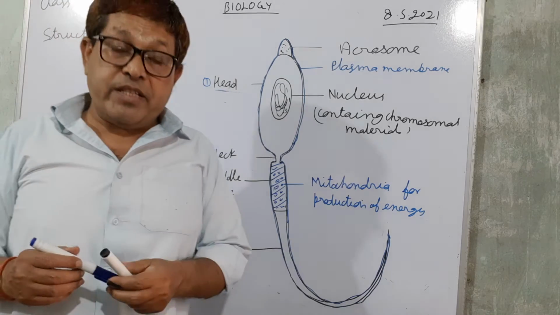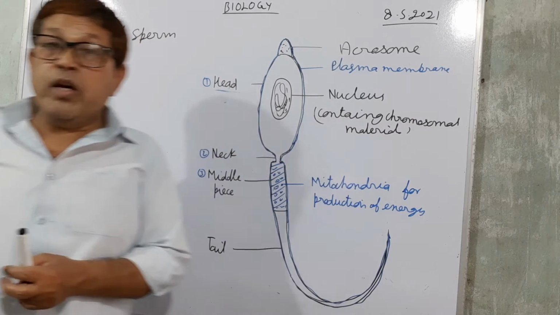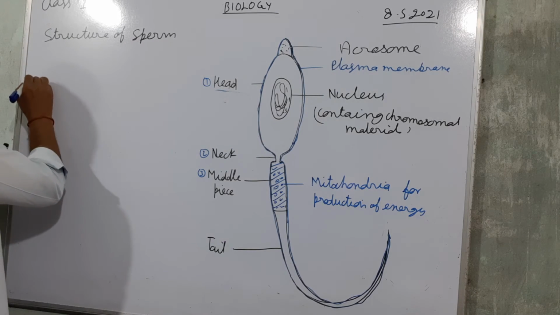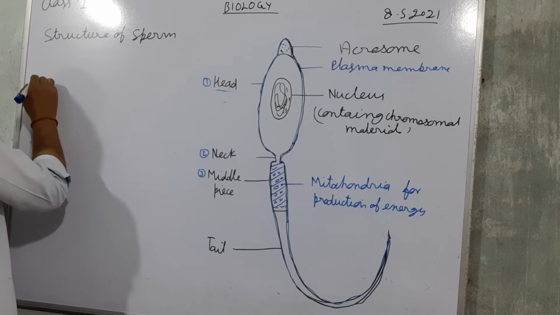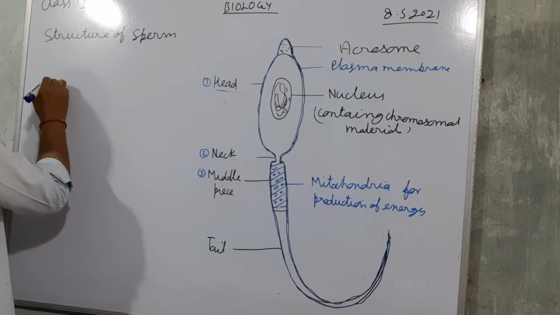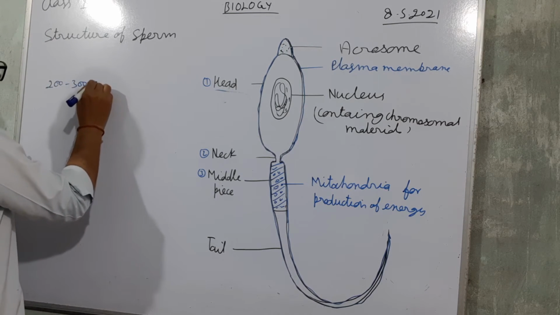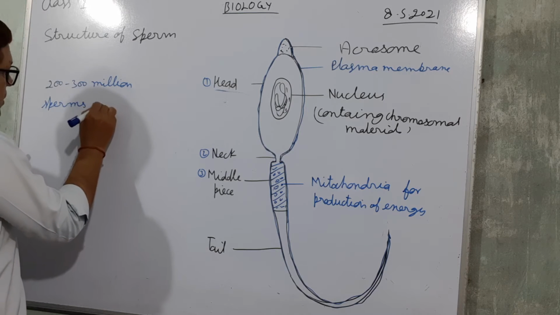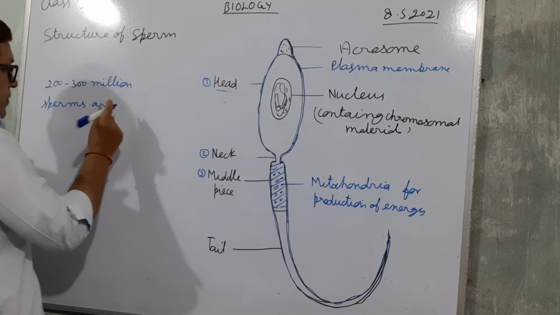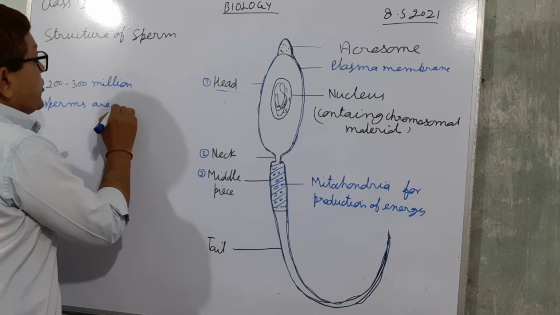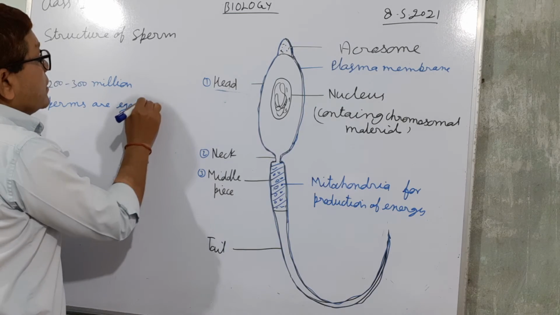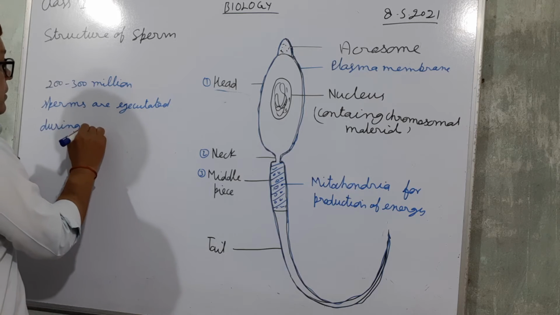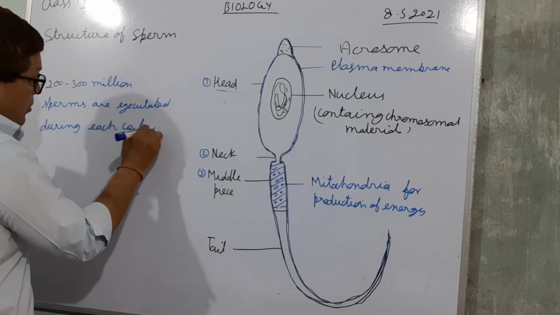In a healthy person, about 200 to 300 million sperms are released or ejaculated during each coitus.